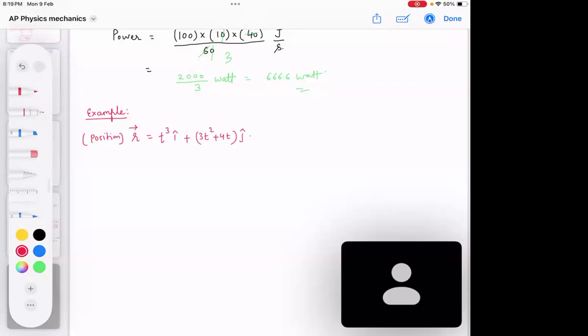And the mass of the particle, which is following this position, is given as 2 kg. So they are asking in the question, find the instantaneous power acting on the particle.